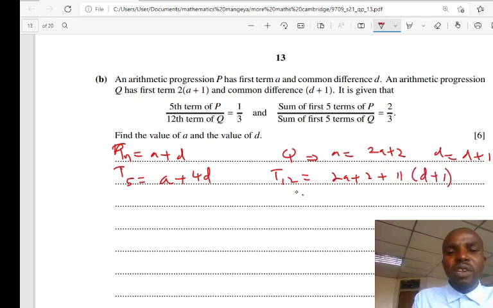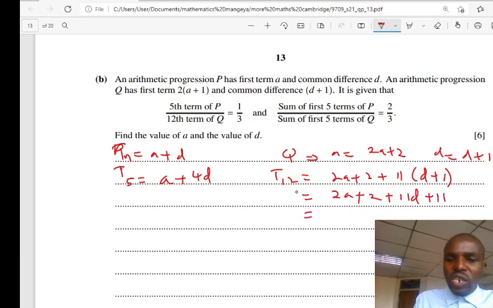Simplifying this one, you get 2A plus 2 plus 11D plus 11. Then simplifying, you get 2A plus 11D plus 13. So that's the 12th term of Q.